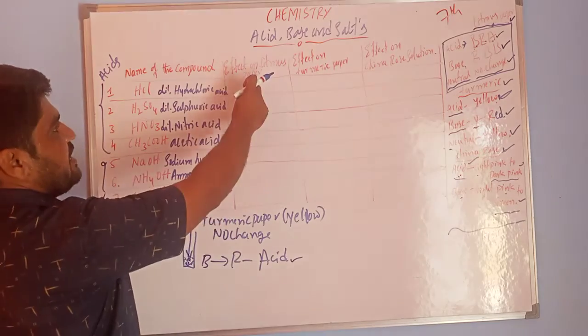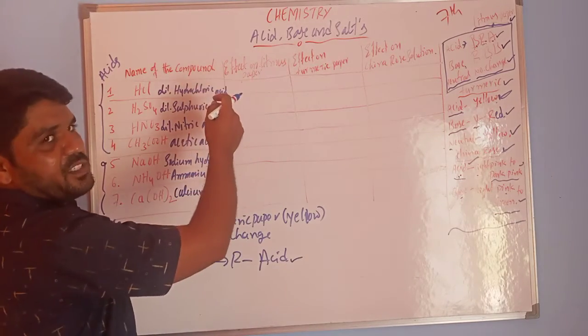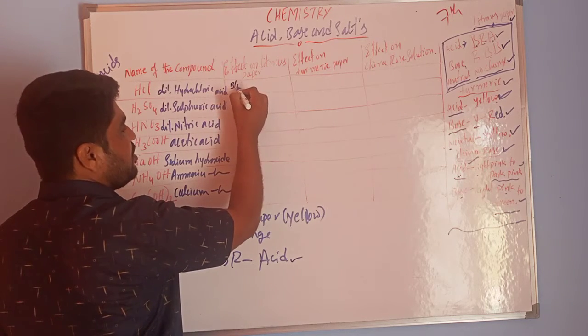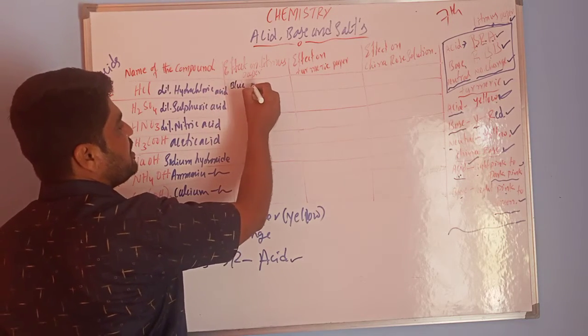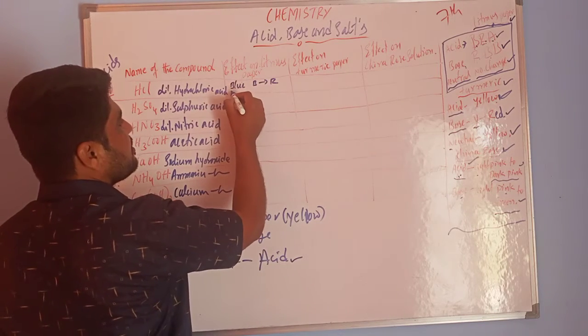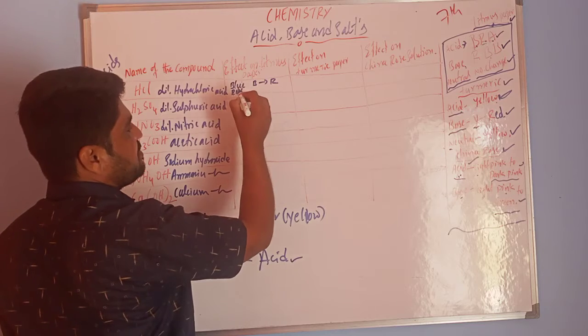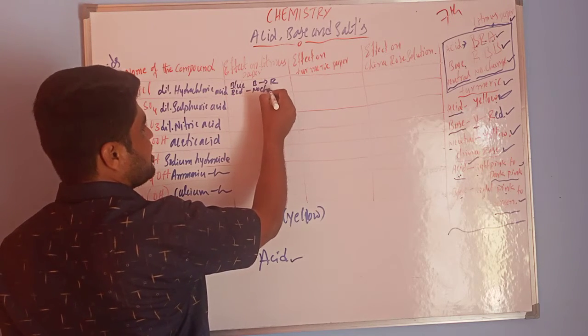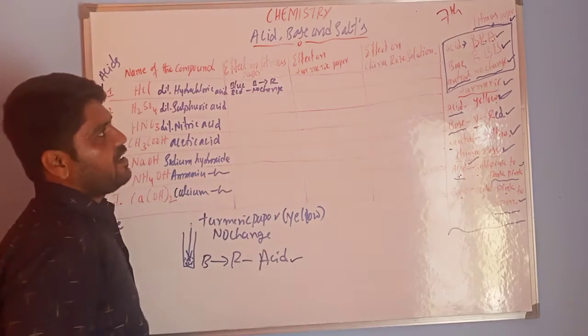First I am taking litmus paper, red litmus paper and blue litmus paper. Blue litmus paper: blue changes into red color. Red litmus paper: no change in color.